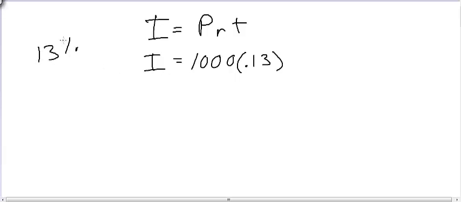because 13%, to translate to a decimal, we divide by 100. The effect of which is take the decimal point, which is currently right here after the 3, 2 spaces to the left, so hence the 0.13. T we said is over the course of 4 years.